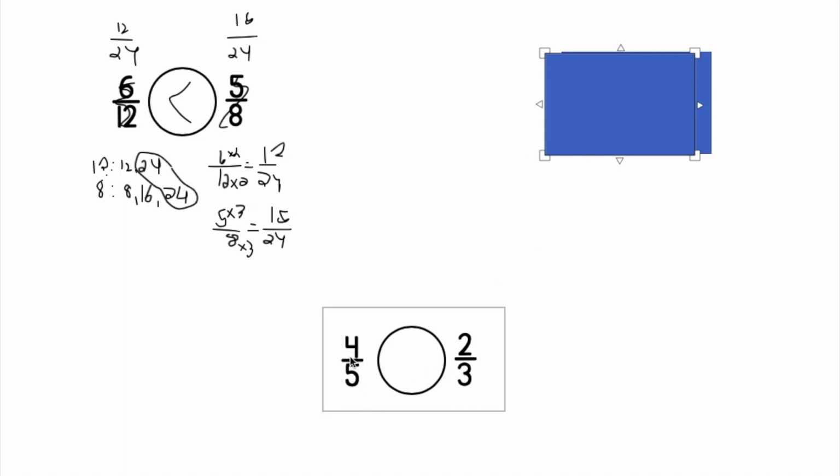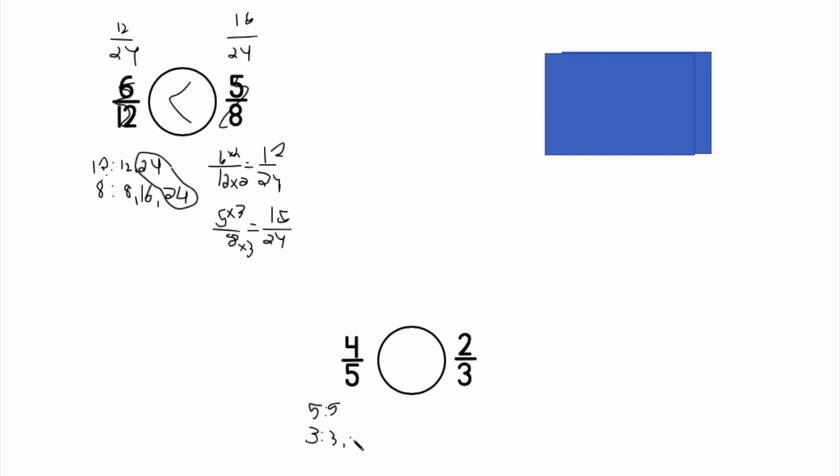Go ahead on your board, please write 4/5 and 2/3. I would like for you to pause this video right now and find your least common multiple. Go ahead and begin. All right, now that you found your least common multiple, let's double check. Remember, we're listing out the multiples of 5 and 3 because we're trying to find the same denominator. So 3 times 1 is 3, 5 times 1 is 5. Anything in common?